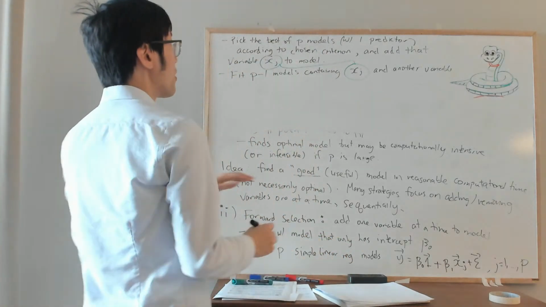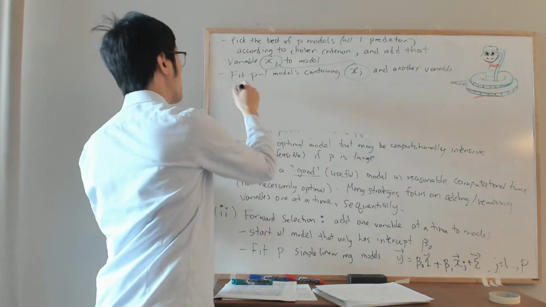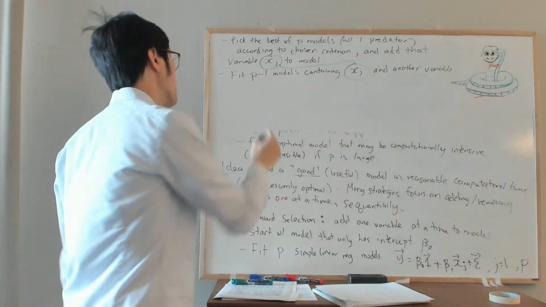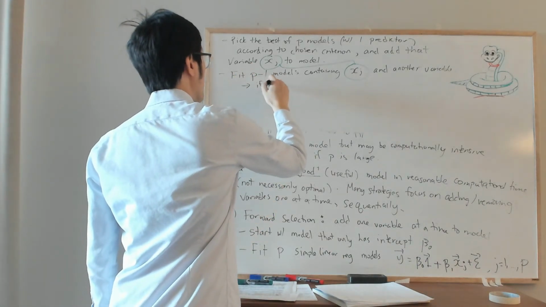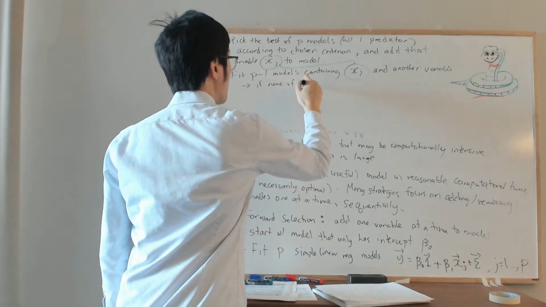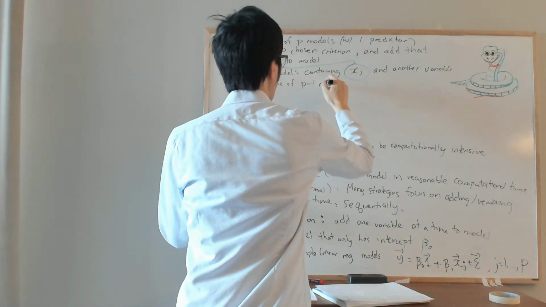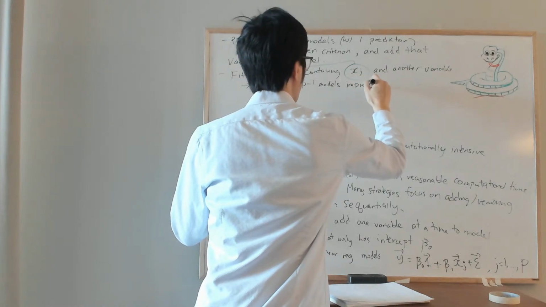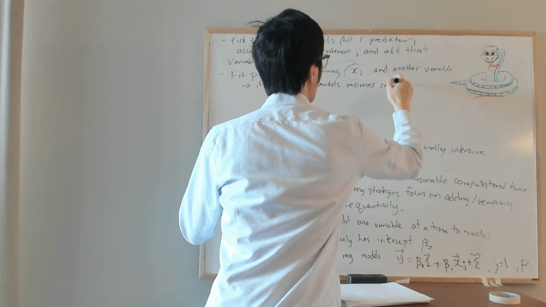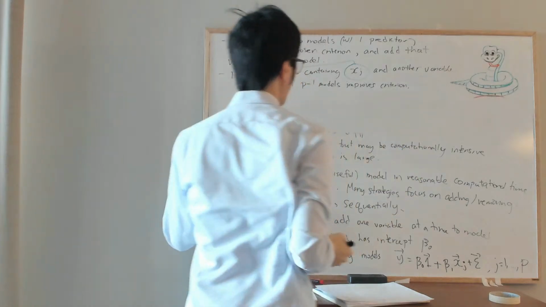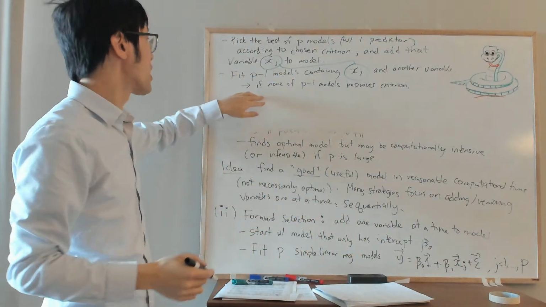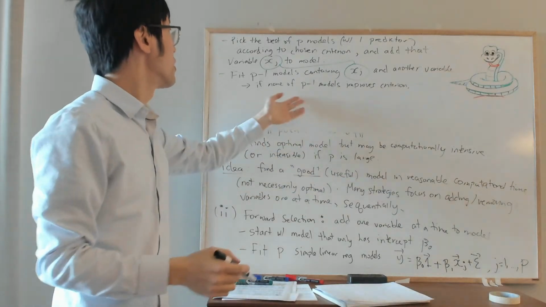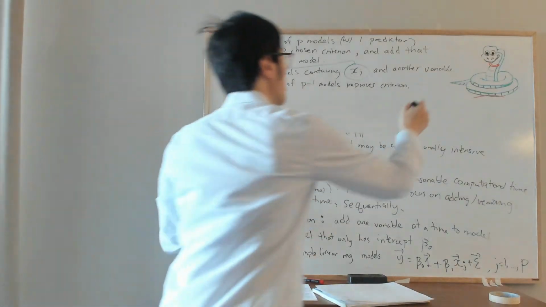Now we have to see what actually happens to the criterion. If none of the p minus 1 models actually improves the criterion, then we're done. You can't do better than just having xj in the model according to our criterion, so we stop and we're finished.